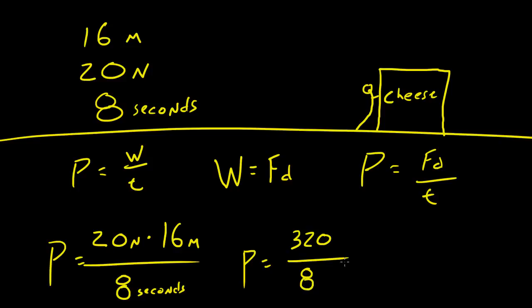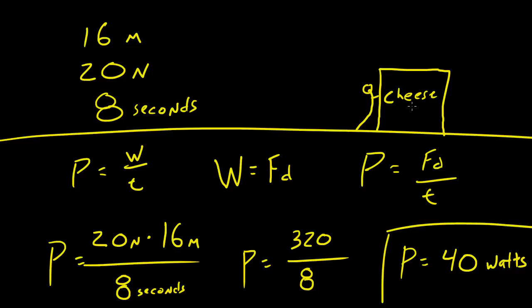Since we used the correct units of newtons, meters, and seconds, we're going to end up with the unit of power, which is watts, and 320 divided by 8 gives you a final power of 40 watts. So, fun fact, whenever you move a block of cheese with a force of 20 newtons a distance of 16 meters and it takes you 8 seconds, you do 40 watts of power.